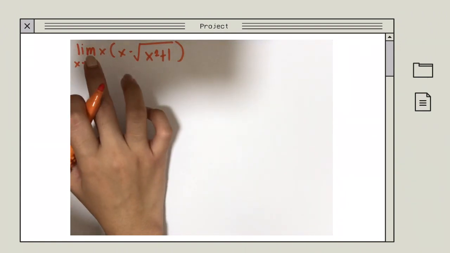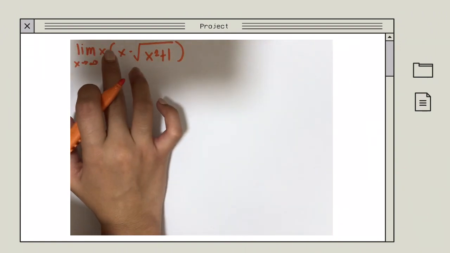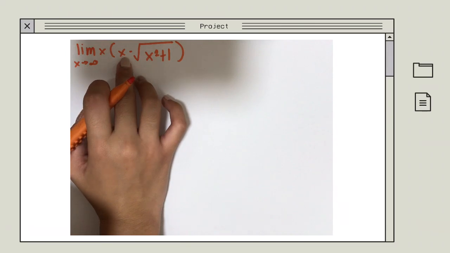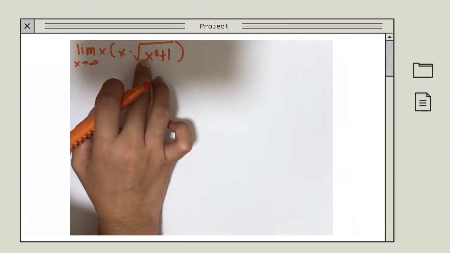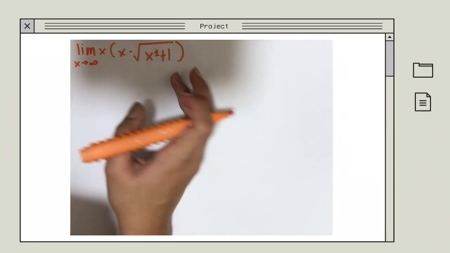To start, we will multiply the limit of x minus the square root of x squared plus 1.